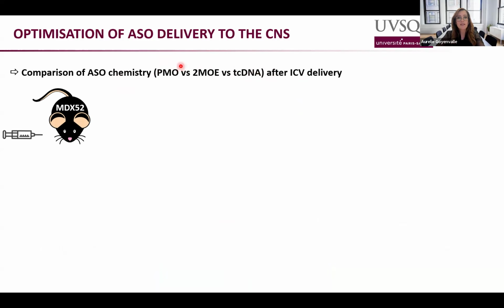We compared PMO to 2'-O-methoxyethyl and tricyclo after direct intracerebroventricular delivery, because we wanted to reach a very high level of exon skipping to start with, to then eventually start decreasing the level and see if we had a minimum dystrophin. That's why we went to local delivery.